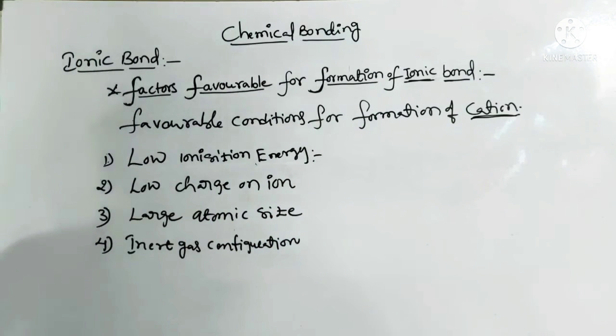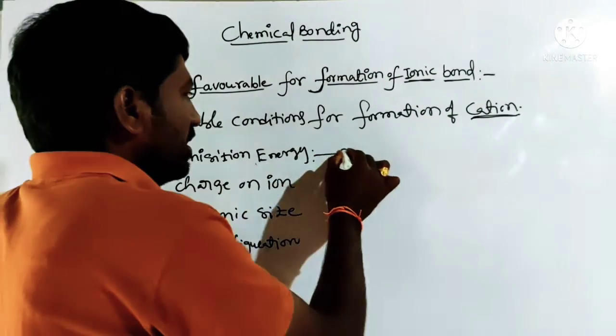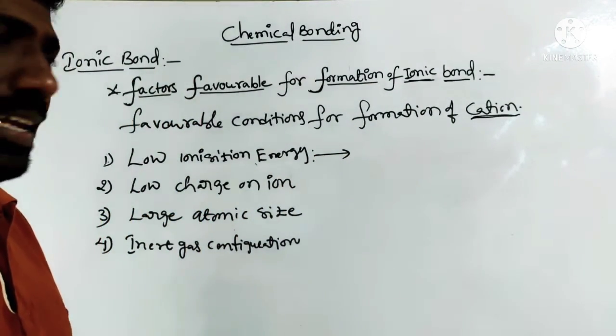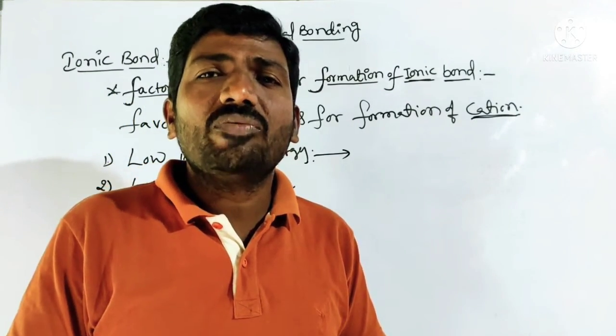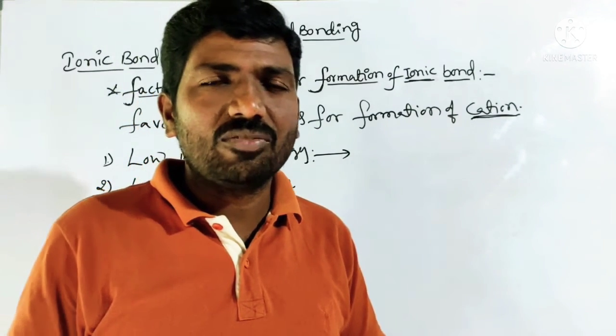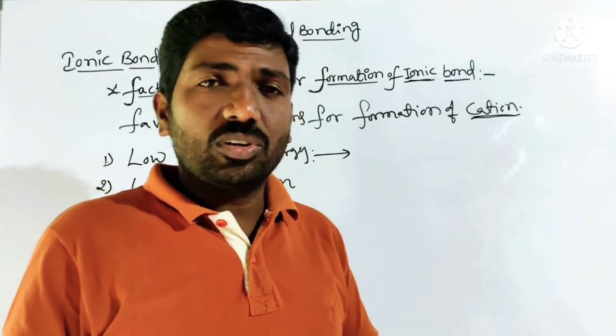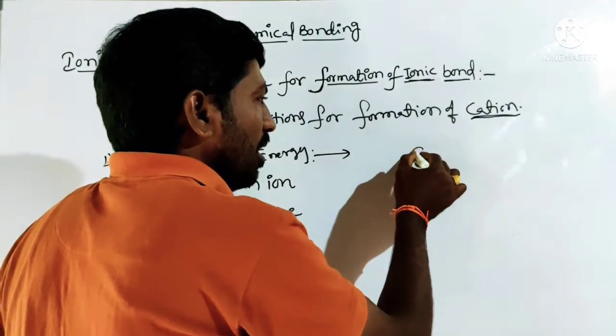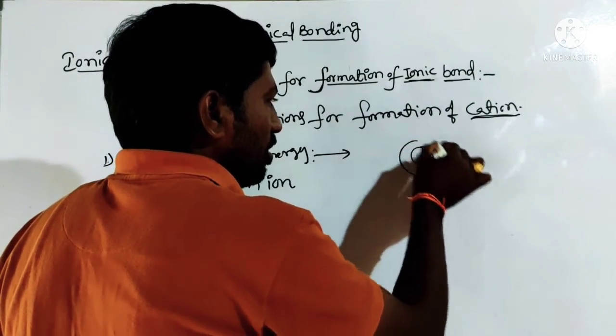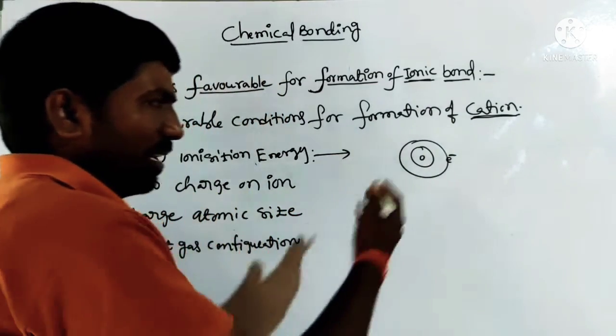First, we will discuss them one by one. Low ionization energy. What does low ionization energy mean? The first ionization energy is the minimum amount of energy required to remove the outermost electron from a gas state neutral atom. The outermost electron is in the outer shell, the last shell.